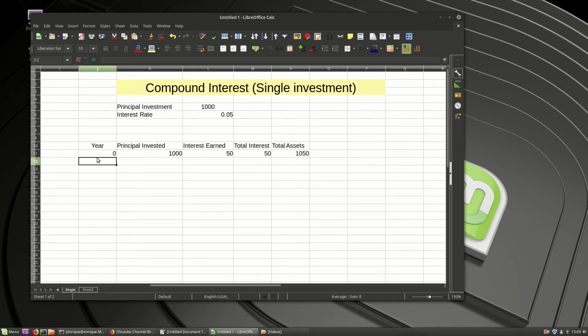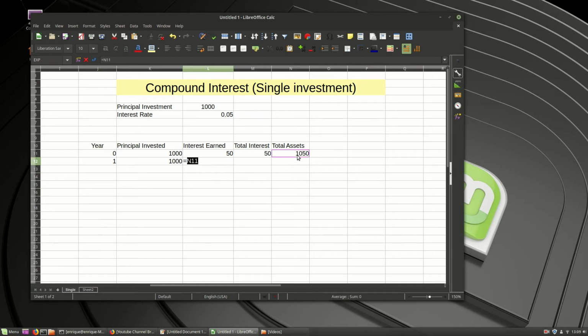So moving right on to our second year or our first year, depending on how we index it. Once again, we've invested $1,000, and no more. But the benefit here, we're going to say we earn interest on the total assets from last pay period.